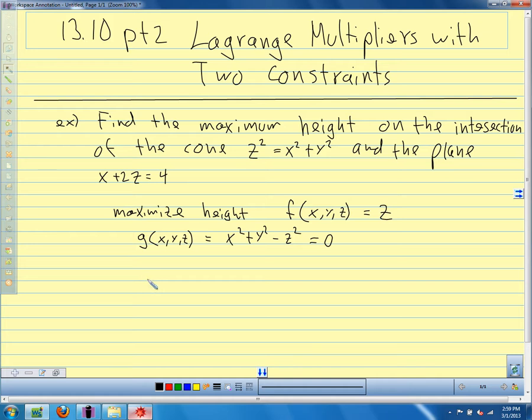And then our second constraint, h of x, y, z, is our plane, and that is x plus 2z equals 4. So those are our constraints. This is our objective function, and these are constraints.